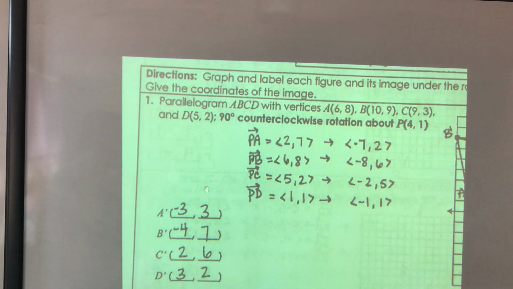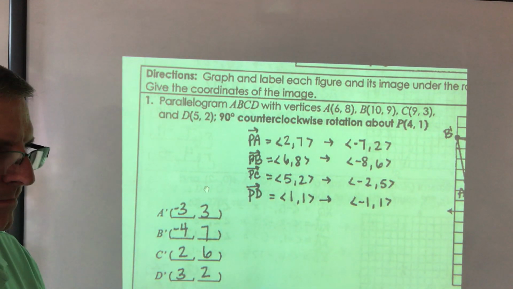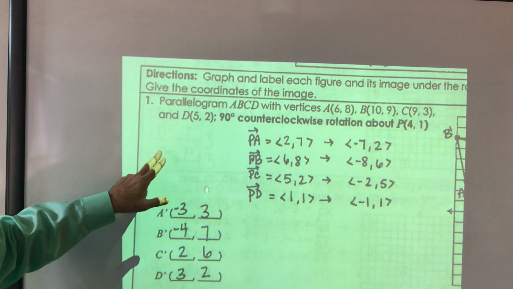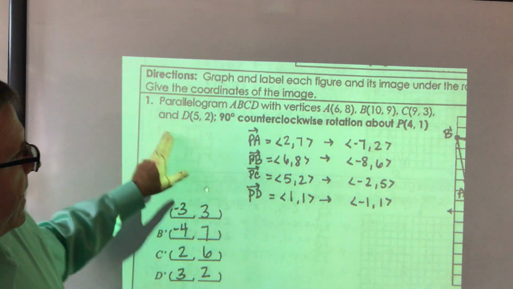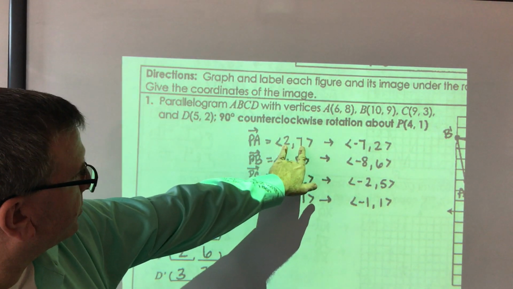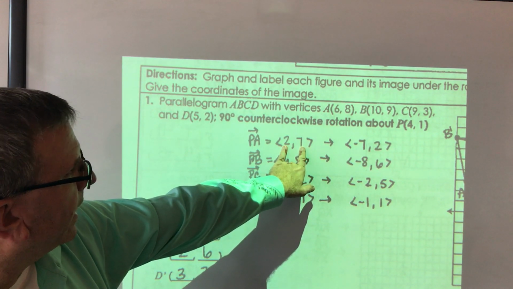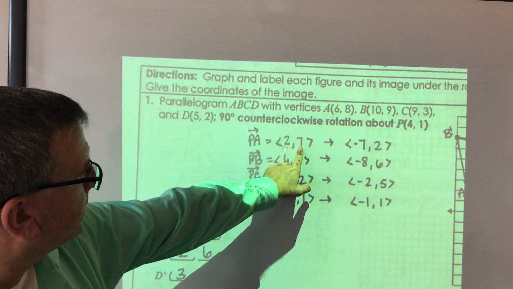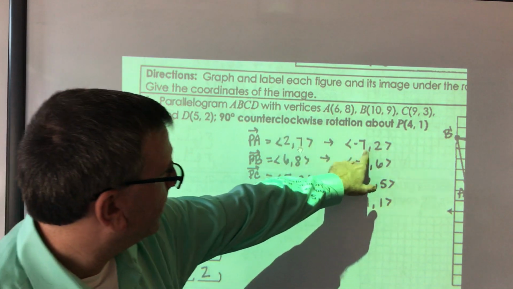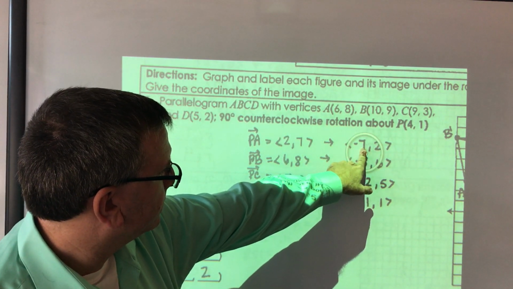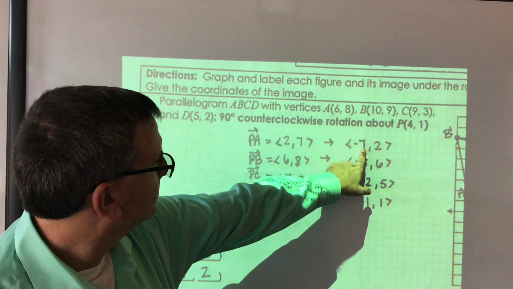So when I apply negative y, x to this, my y changes its sign and becomes the x, negative 7.